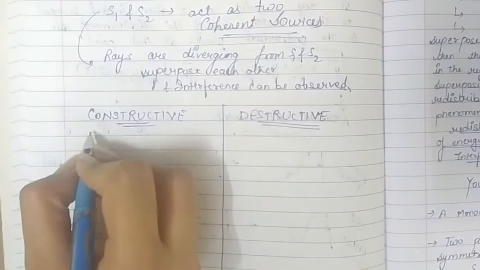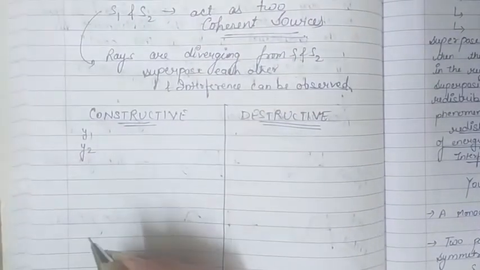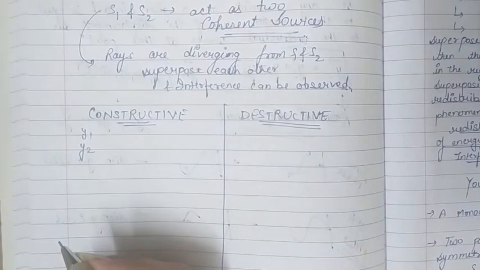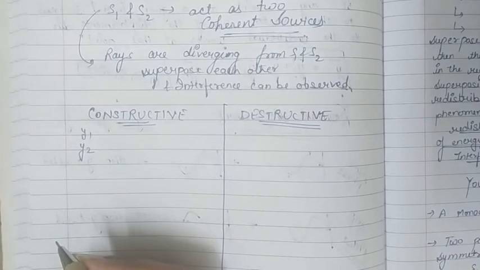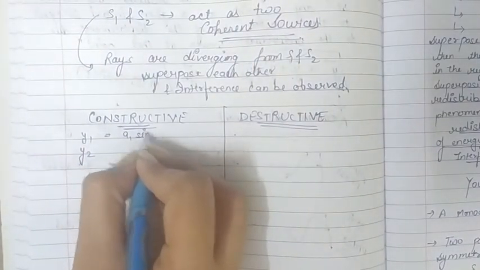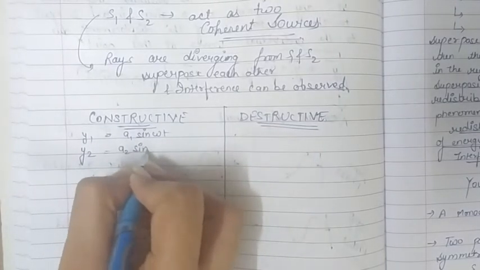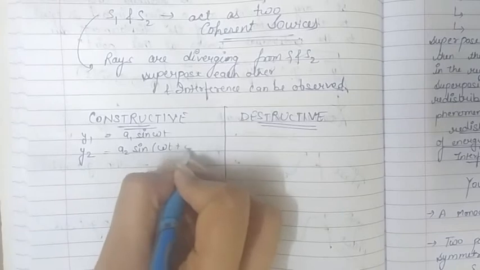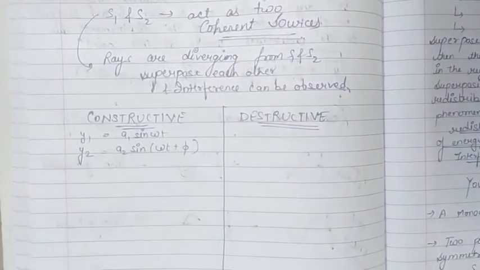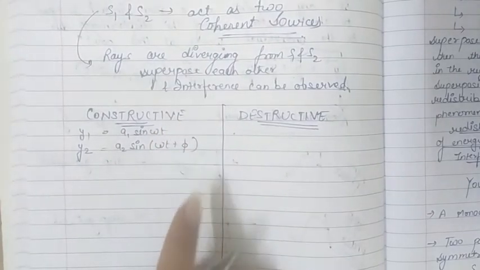So if there are two waves y1 and y2, which are displacing the particles of the medium by displacement y1 and y2, such that y1 is a1 sin omega t and y2 is a2 sin(omega t plus phi). Now phi is the phase difference between the two, and that is a constant. Phi is a constant phase difference between the two waves.